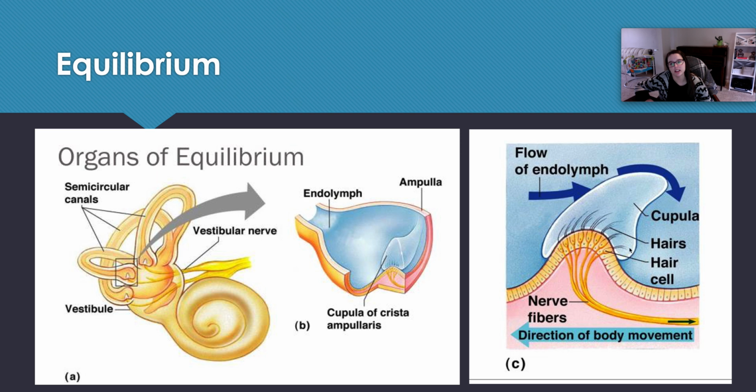And a macule is a collection of hair cells. What happens is, as there's rotation, the fluid in the ear is going to push the hairs over so that your body knows which direction it's rotating or which direction it's moving.